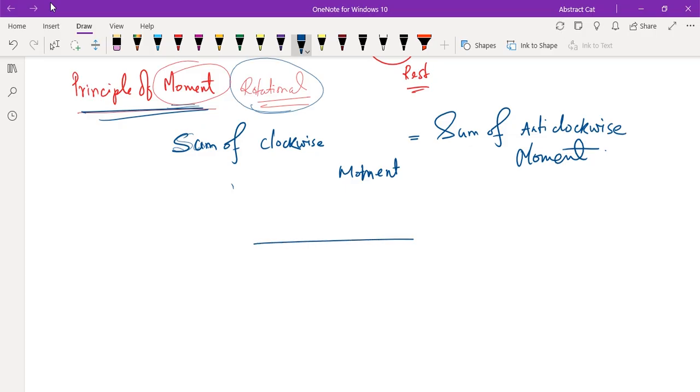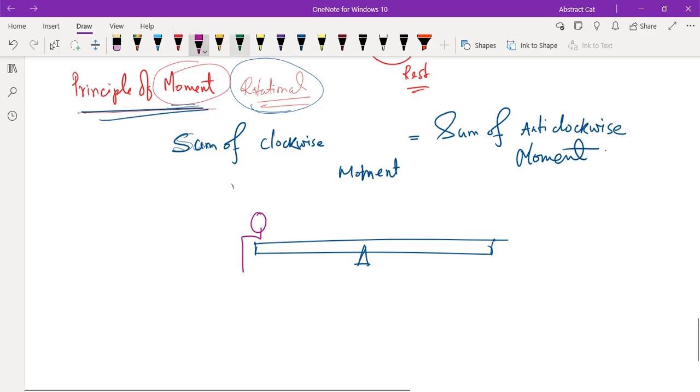Suppose there's a body here, and that is called the fulcrum point. Like a seesaw example: a person sits here, and another person, a green color person, sits here. If the body is in equilibrium, this force is also downward, this force is also downward.